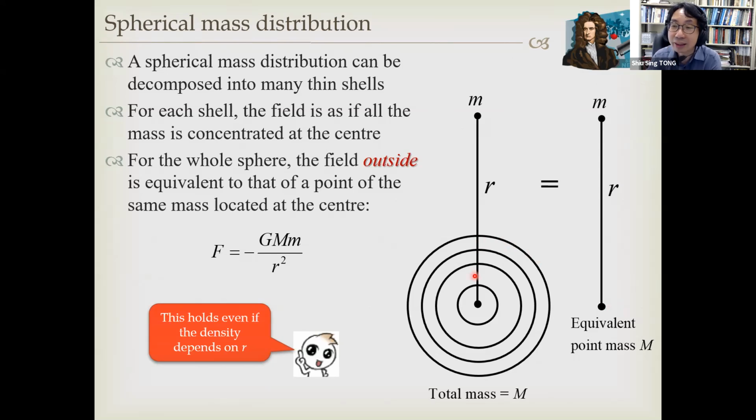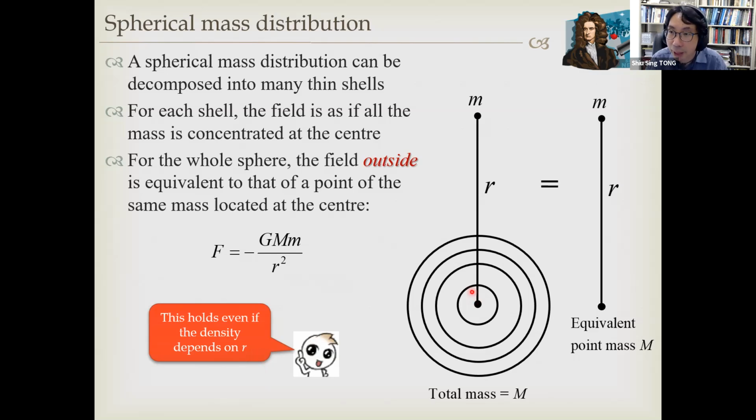The important result is that if I have a spherically symmetric object, the gravitational force produced by this object on a point outside is just the same as if all the mass of the object is concentrated at the center as a point mass. So the force is strictly minus GMm over R squared. And it holds even if the density is not uniform.